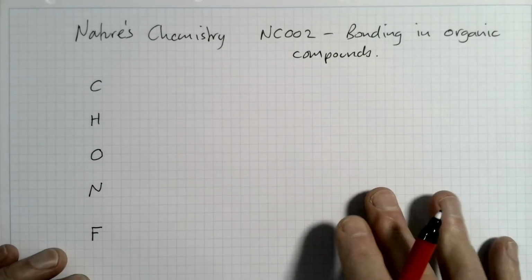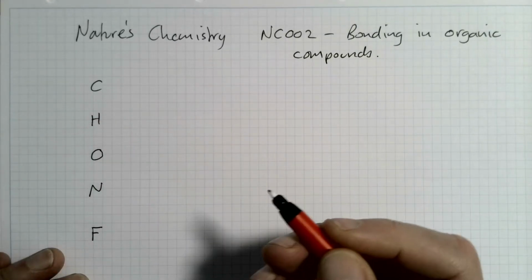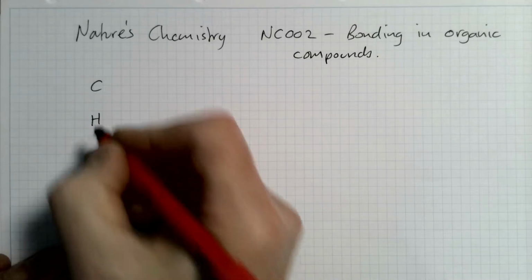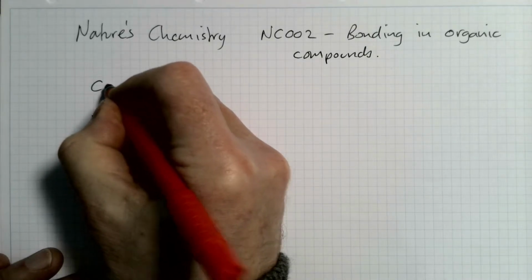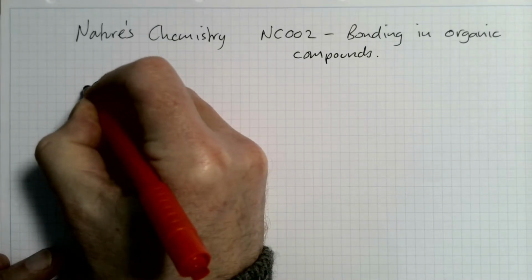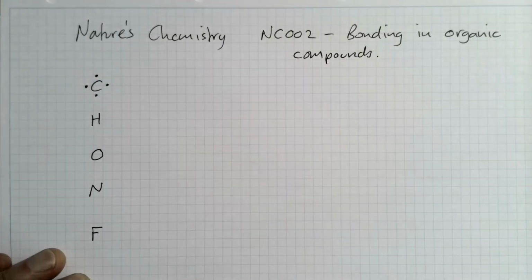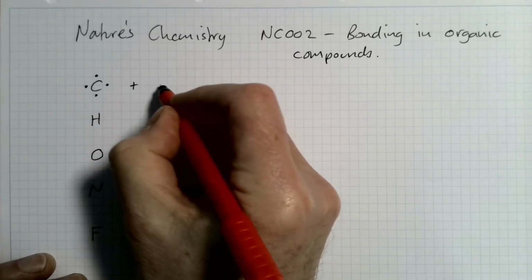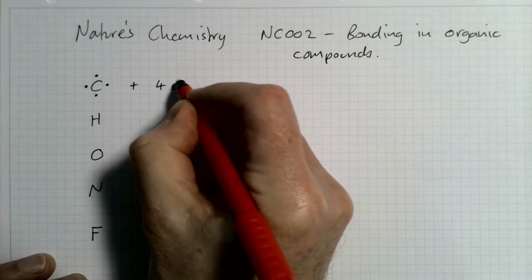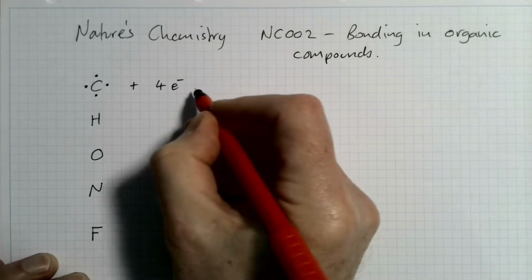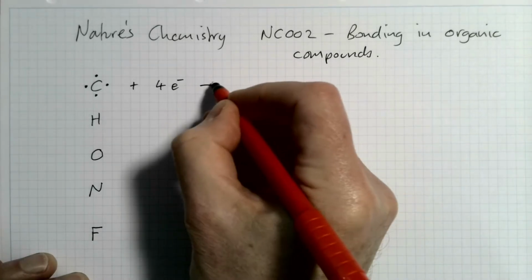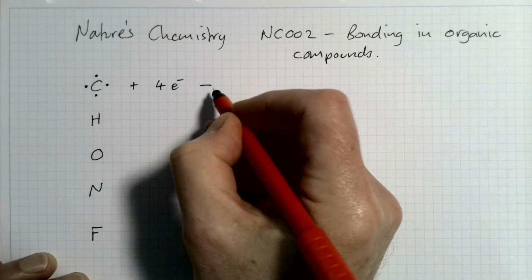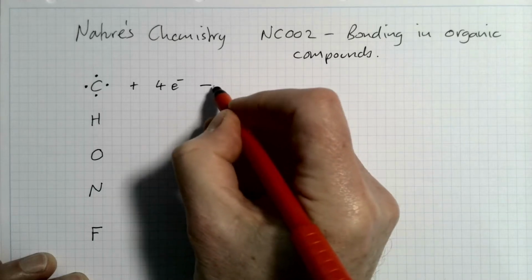If we look at the electron arrangement of carbon's valence shell, its outer shell, we see that it has 4 electrons. 1, 2, 3, 4. That leaves room for another 4 electrons. So it will make 4 bonds, because it can share an electron with 4 other things that are giving up electrons.